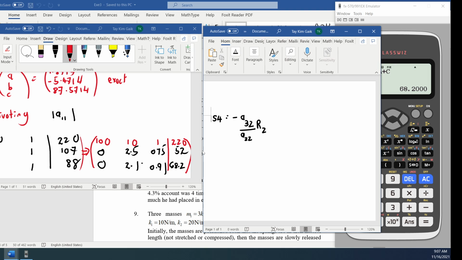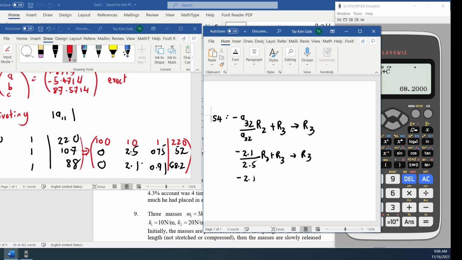You want to make changes on row 3, so plus row 3 put into row 3. This formula refers to the latest system. Then put in the specific value: negative 2.1 divide 2.5 row 2 plus row 3 put into row 3.